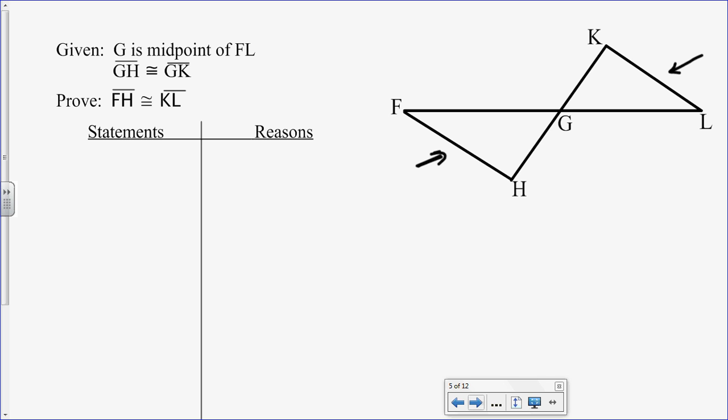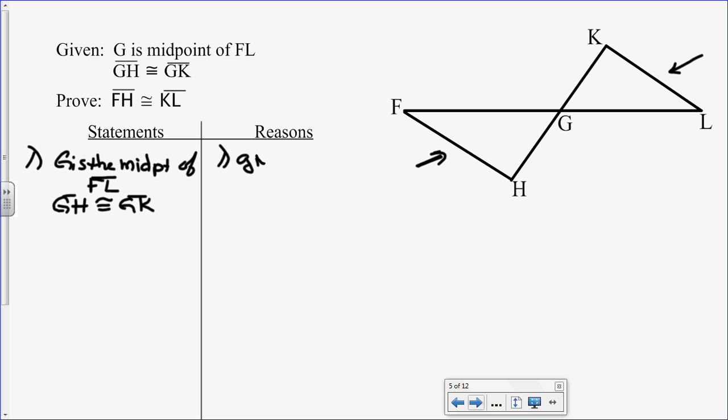Okay, so that's our goal. First step in a proof, always. What's the first step in a proof, guys? Given. Write them down. Okay, we know what we're trying to prove.